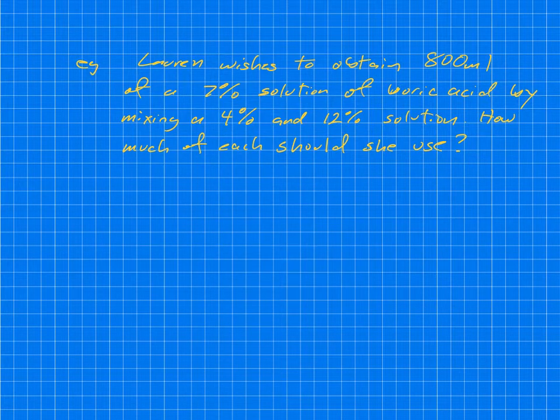Let's go off to the side here and remind ourselves what this is asking. If I have 500 milliliters of a solution, and 12% of it is acid, how much acid do I actually have?